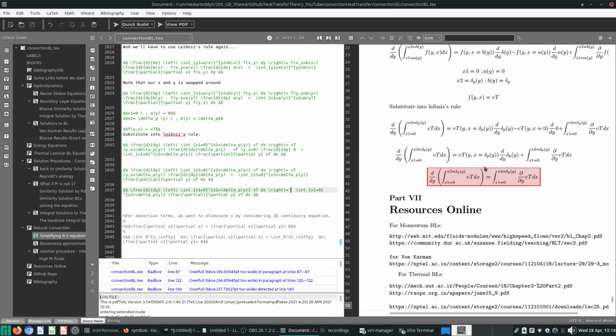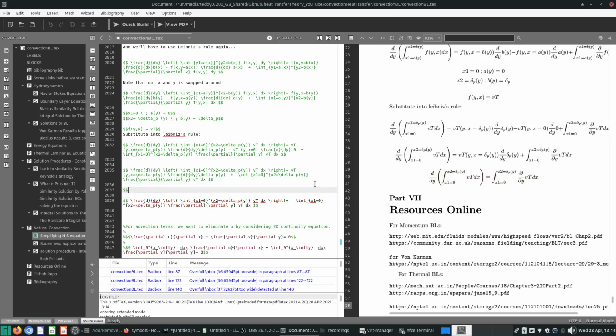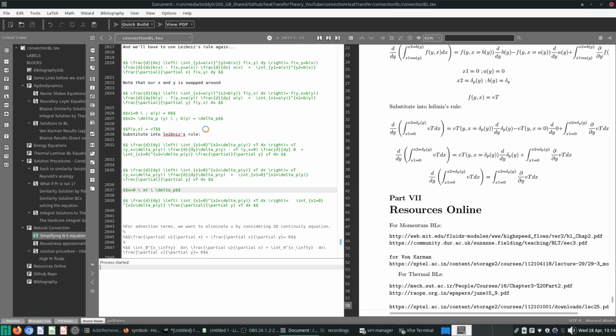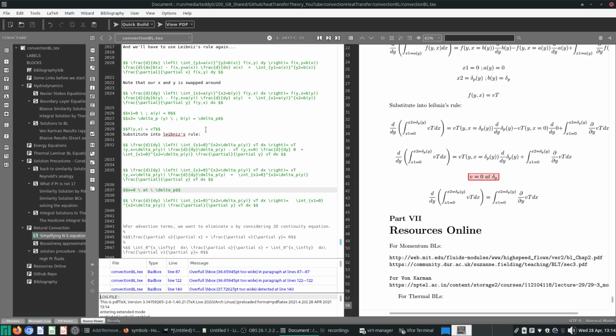Now let me put the reasoning why we can just take that off. v equals to 0 at delta p. That's why. It pretty much just reduces to 0. So now we just realize we can just swap these things around.